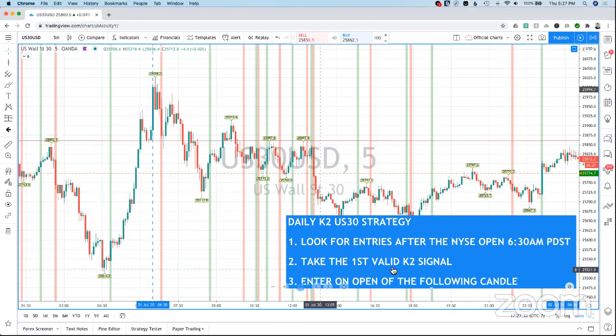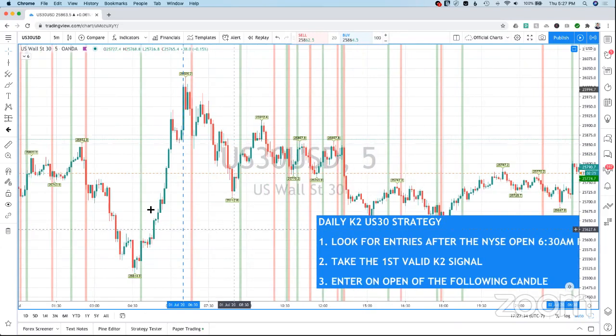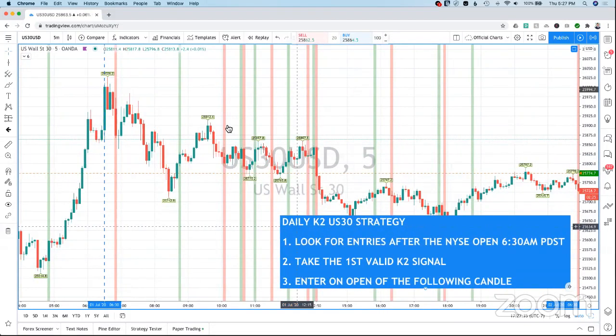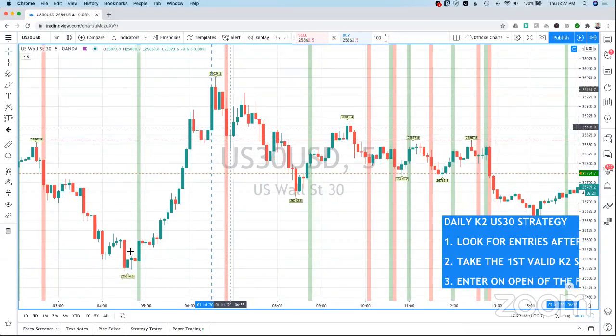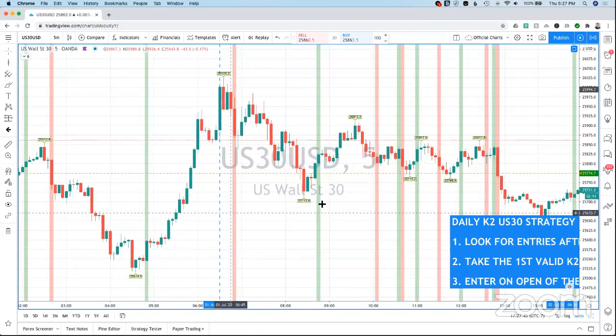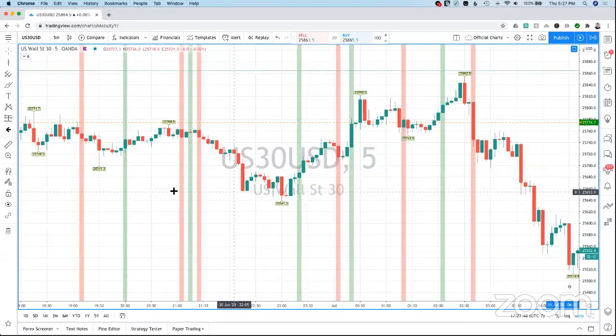Next, you're going to take the first valid K2 signal. So a valid K2 signal would be a sell signal with a red bearish candle. This would be a valid buy signal with a green bullish candle. An example of an invalid signal would be, let's see if we can find them here.